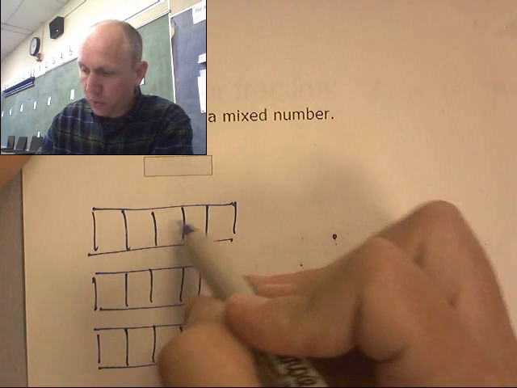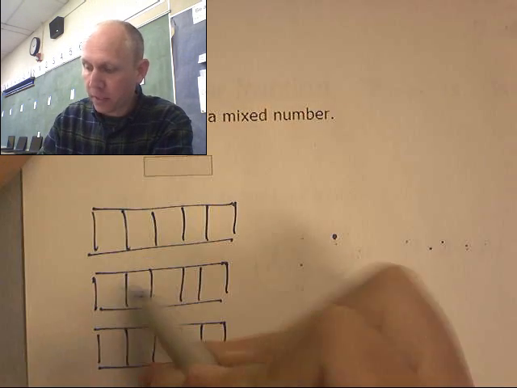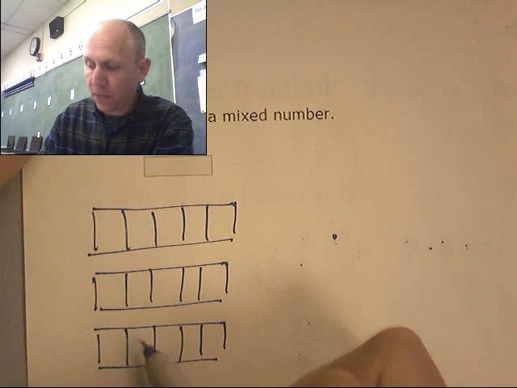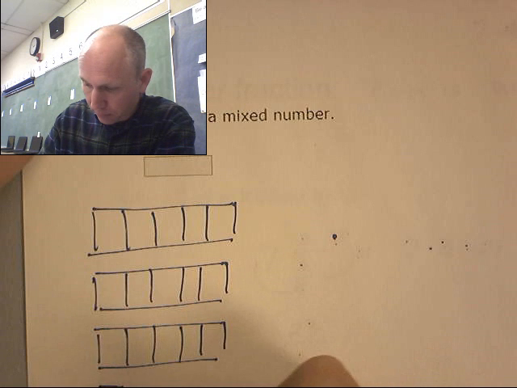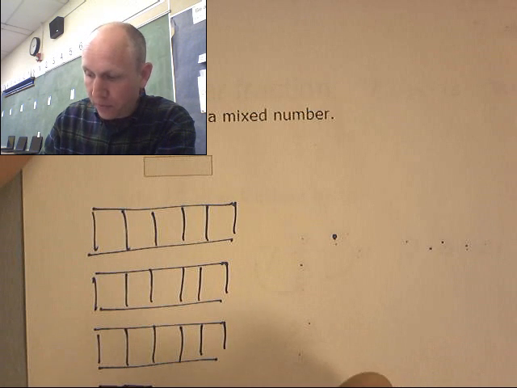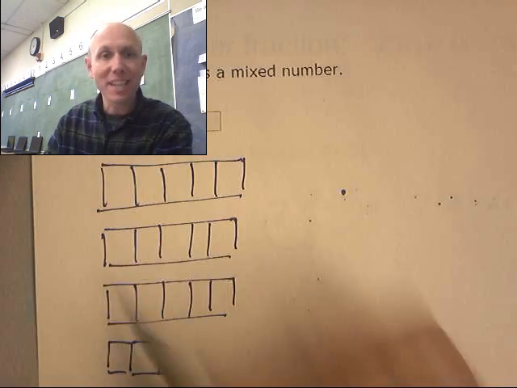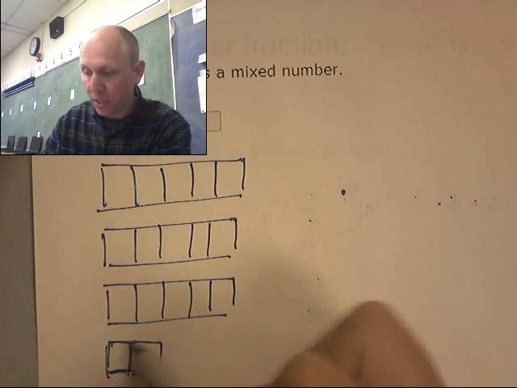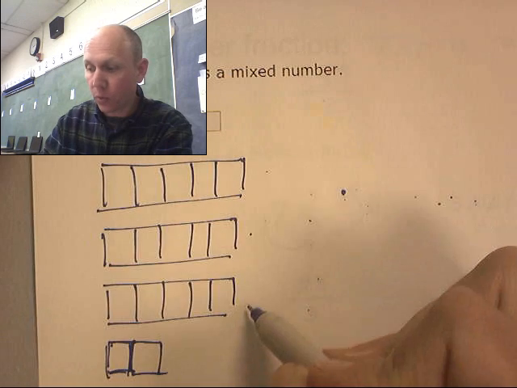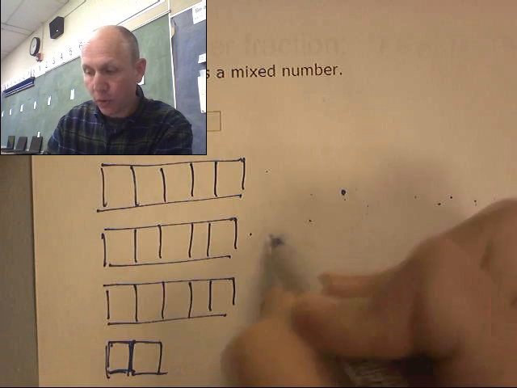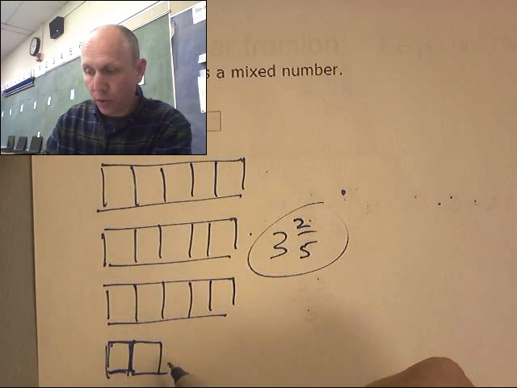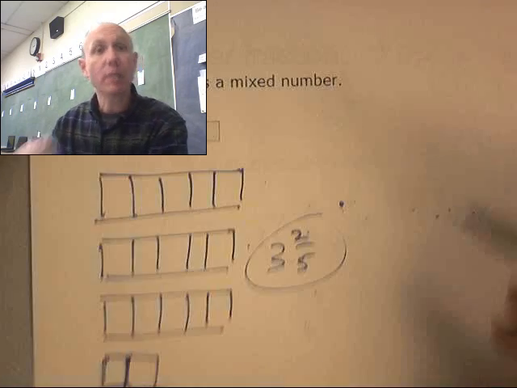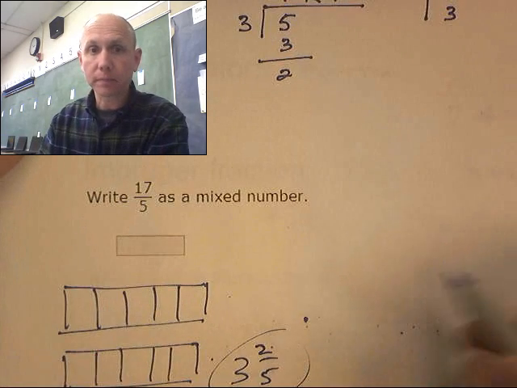I have 1/5, 2/5, 3/5, 4/5, 5/5, 6, 7, 8, 9, 10/5, 11, 12, 13, 14, 15/5, 16, 17/5. I'm showing you 17/5, which is the same thing as 1, 2, 3 and 2/5. 3 and 2/5. That's my answer. But let's do it using division.